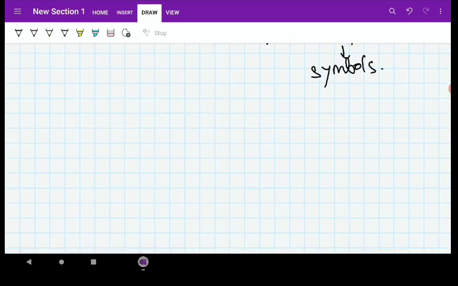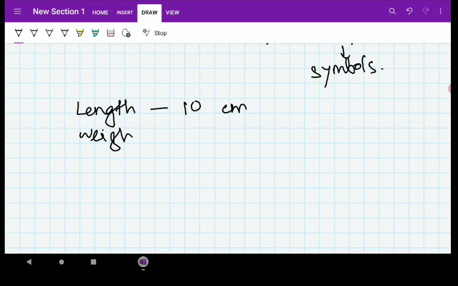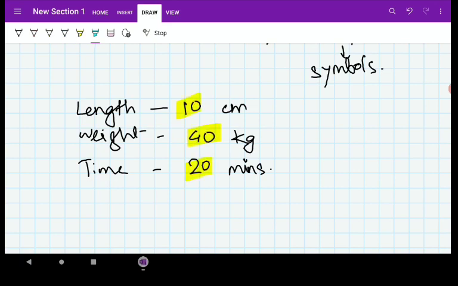So length 10 centimeter, weight 40 kg. And if I ask you how much time does it take for you to reach school from your home, it is time, say about 20 minutes. So we can all see that there is a number which is followed by a symbol.